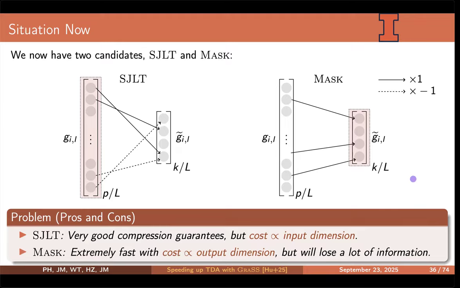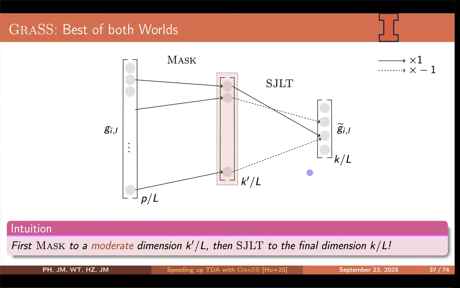If you are sensitive to the figure, then you might guess what I'm about to do. You can concatenate them together and get the best of both worlds. The intuition here is that you can first mask to a moderate dimension, let's say k prime over l, where k prime is larger than k, but still much smaller than p.